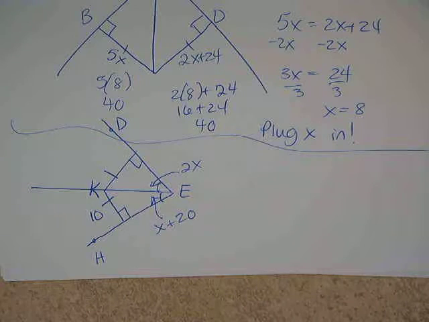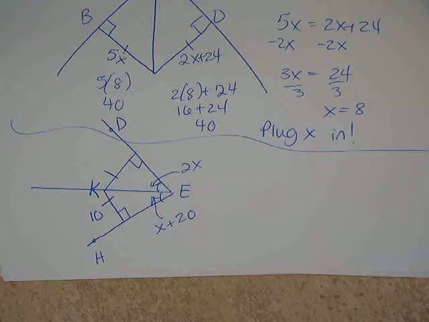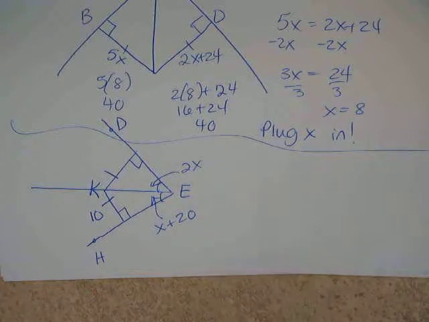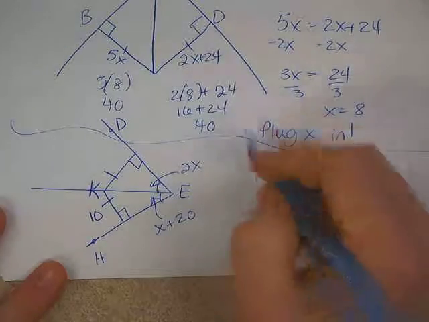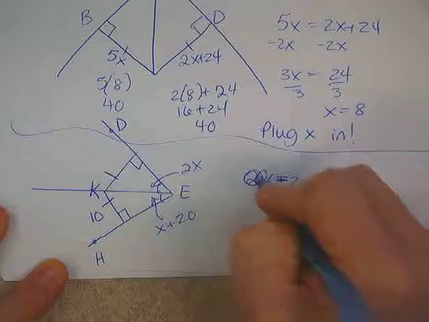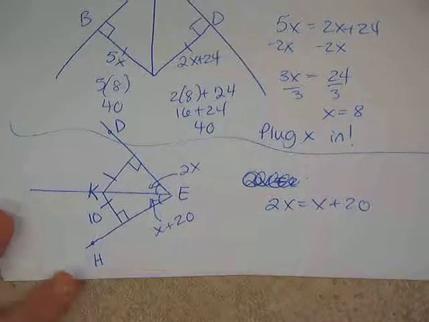I've had people with problems like this go, oh, 2x must equal 10. Can an angle equal a side length? No. You don't want to mix up your angles and your side lengths in the same equation. Doesn't work. If you're setting up an equation, it should be either with 2 angles or 2 sides, not mix and match.